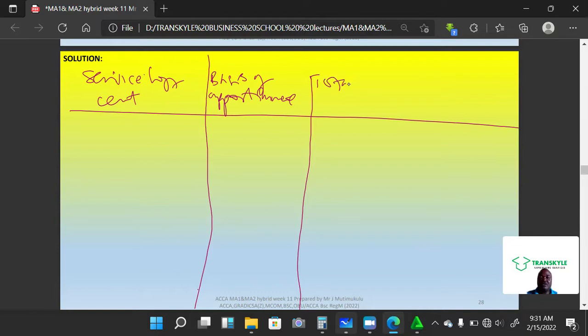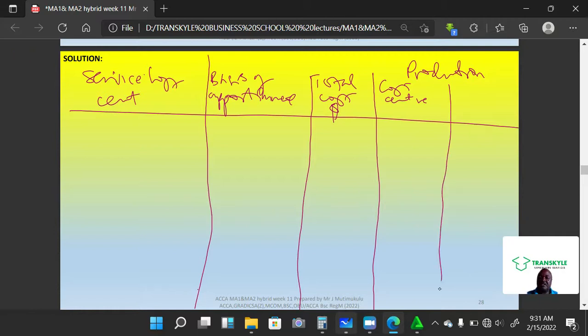What's the total? The total cost. Then the cost centers. These are production cost centers. There are two.